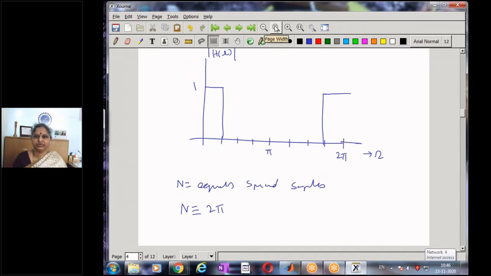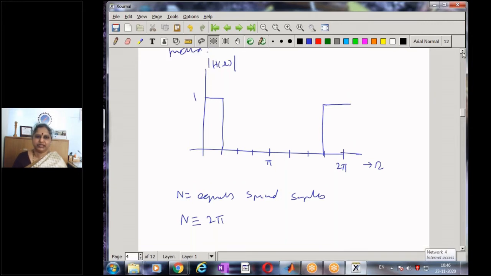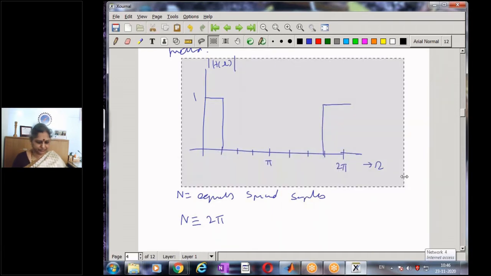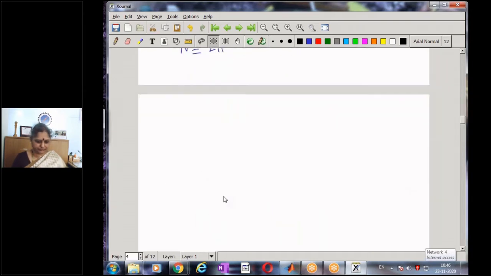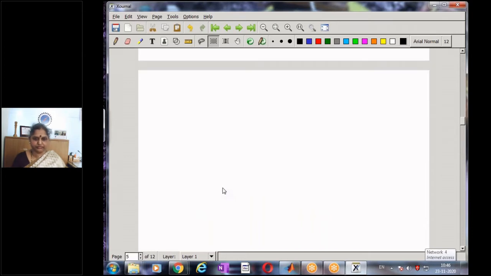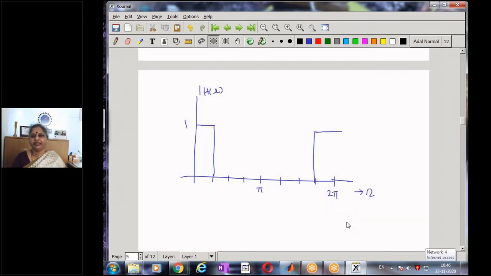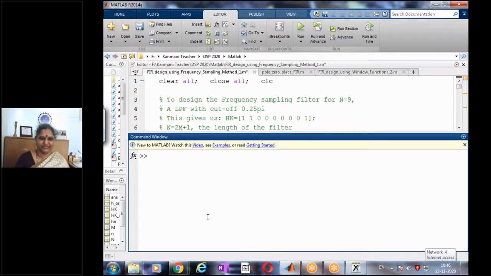Now from these specifications, I need to take n equally spaced samples. So I have the spectrum. This is what is given by the specifications. So now let me take the n equally spaced samples. Now how do I know where is my 9 value? I need to have 9 values of n. Well, I'm not so good at computing fractions of 9, so let me take the help of MATLAB.